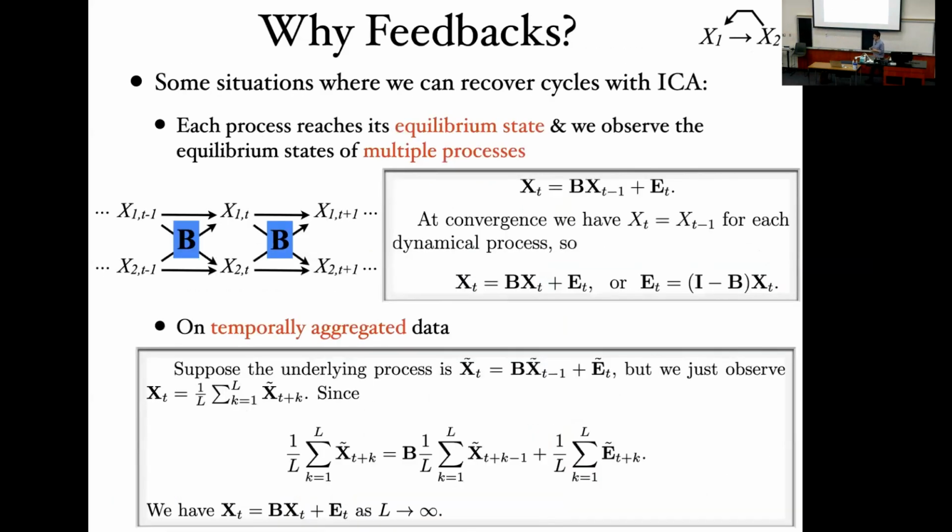Before estimating the model, let's have an interpretation. Let's start with the underlying true causal process. Here I have two processes, X1 and X2. There's some time-delayed causal influence, as you can see from here. For simplicity, suppose it's linear. Then Xt is a linear function of Xt minus 1, plus noise.